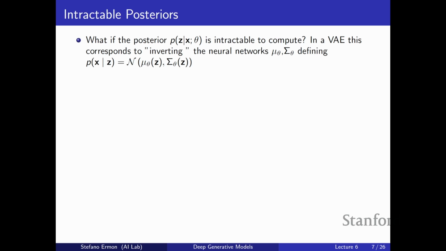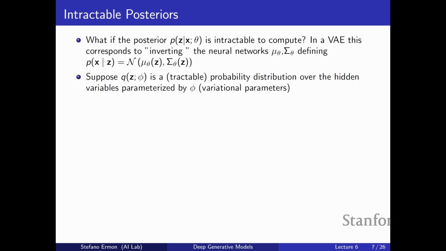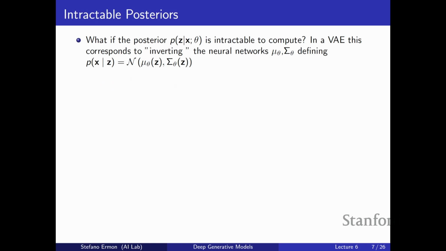You're given X, and you're trying to find which Z's were likely to have produced this X value that I'm seeing, which is pretty tricky because you have to understand how the neural network maps Z's to outputs, and you have to invert a neural network in a probabilistic sense. Does this make sense?